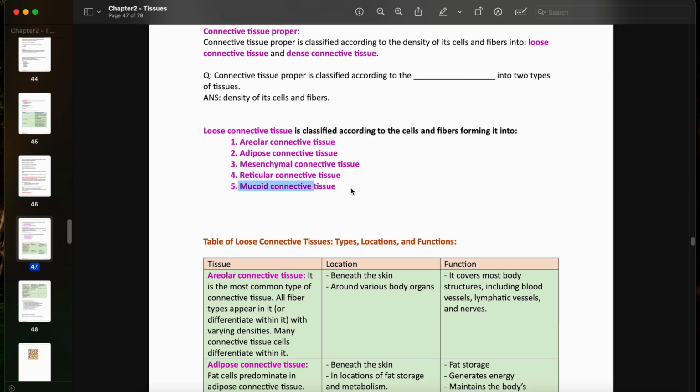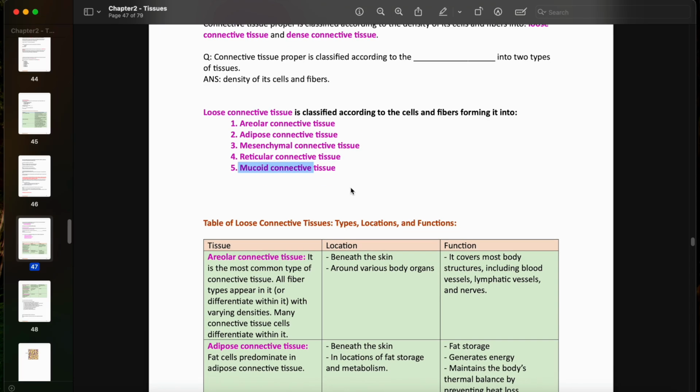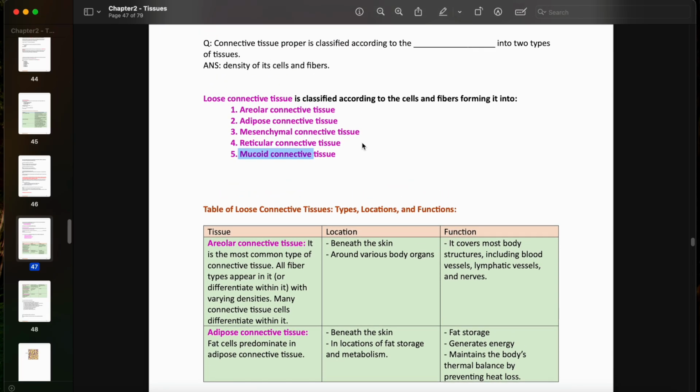You can have a question, I'm pretty sure it was a previous question, telling you to list only the subclassification of the loose connective tissue. So that's why you need to actually know each word here, each subclassification, because they can just ask you a question to list only.